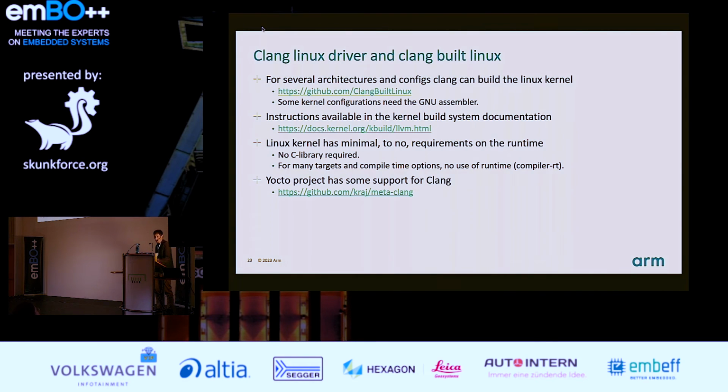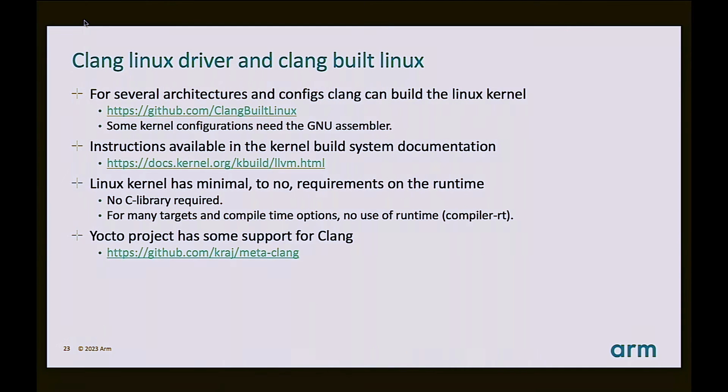Okay. So one thing I also just finally wanted to mention here for any of you doing embedded Linux work and maybe aren't aware of this is that Clang can actually now build the Linux kernel. All of that work comes from the ClangBuiltLinux project. There are some useful scripts to help build and test a kernel. You can get the instructions in the kernel build system; just look for the Clang sidebar on that particular part.